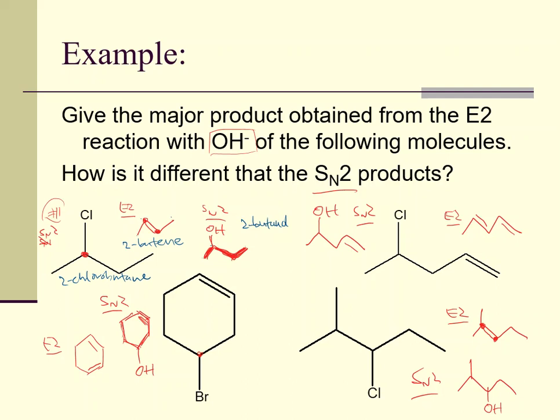So with 2-chlorobutane, if 2-chlorobutane undergoes elimination bimolecular, I will get 2-butene as a product that will preferably be in the trans position. If 2-chlorobutane undergoes a nucleophilic substitution bimolecular reaction, otherwise known as SN2, then we're going to end up getting 2-butanol as a product.